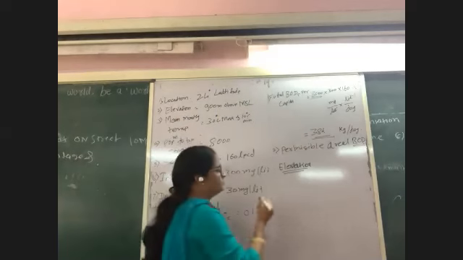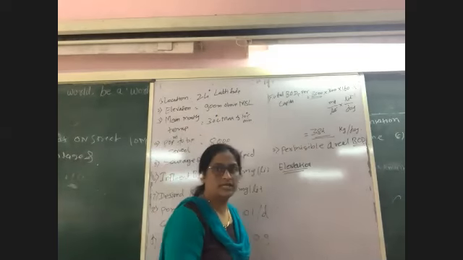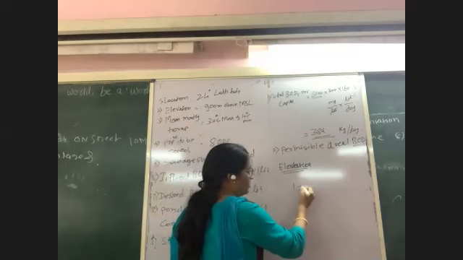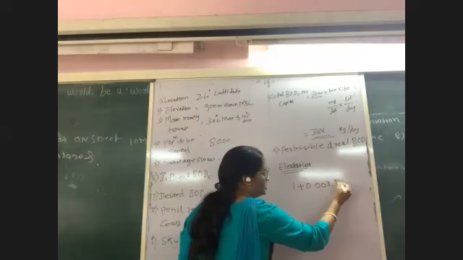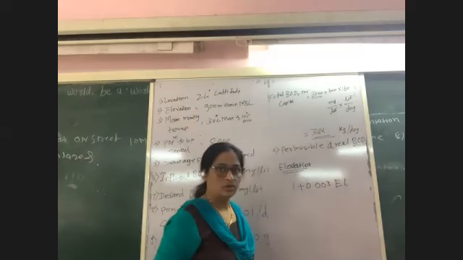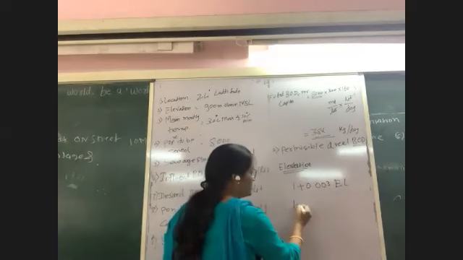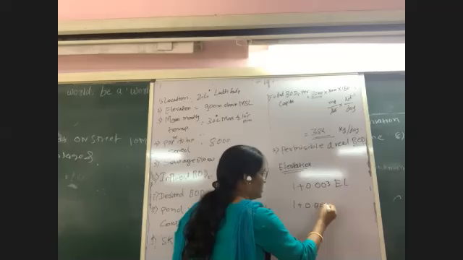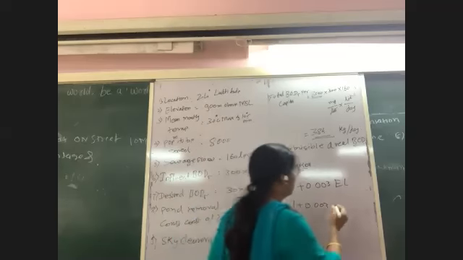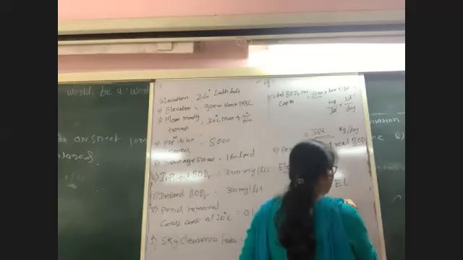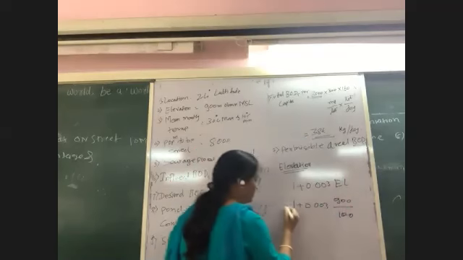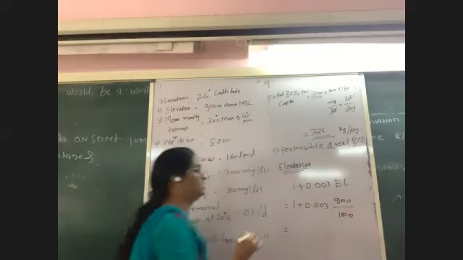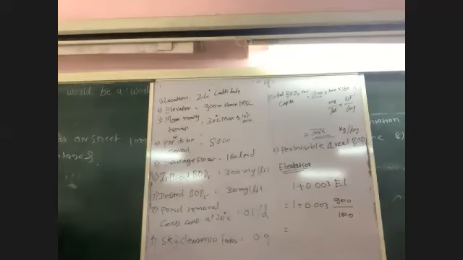Elevation factor, how to calculate? 1 plus 0.003 into EL. So 1 plus 0.003, EL is given to you, 900 upon 100. So find out the elevation factor and tell me the answer. Calculate and tell me the answer.